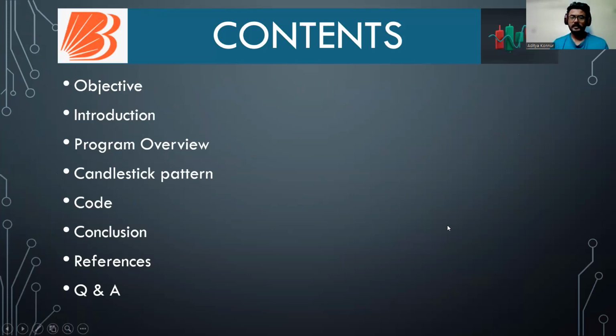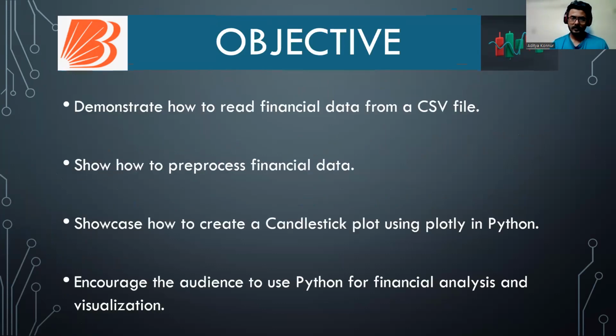The contents in this presentation would be objective, introduction, program overview, candlestick pattern, code, conclusion, the reference links, and Q&A session. The objectives for this task were to demonstrate how to read the actual CSV file which was provided to me, then show how to pre-process the financial data.